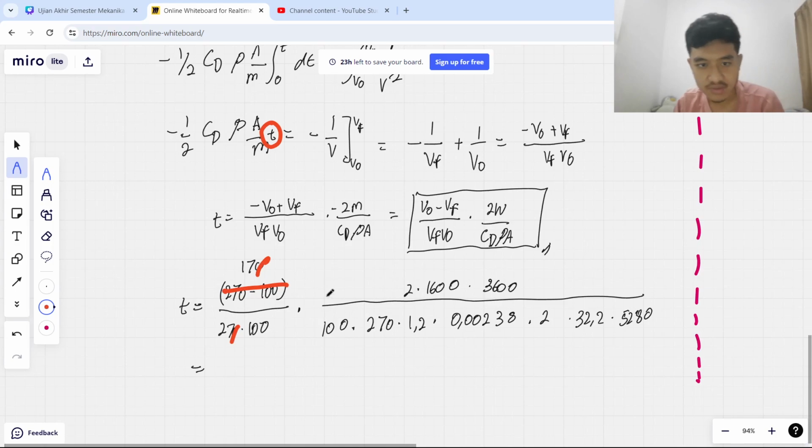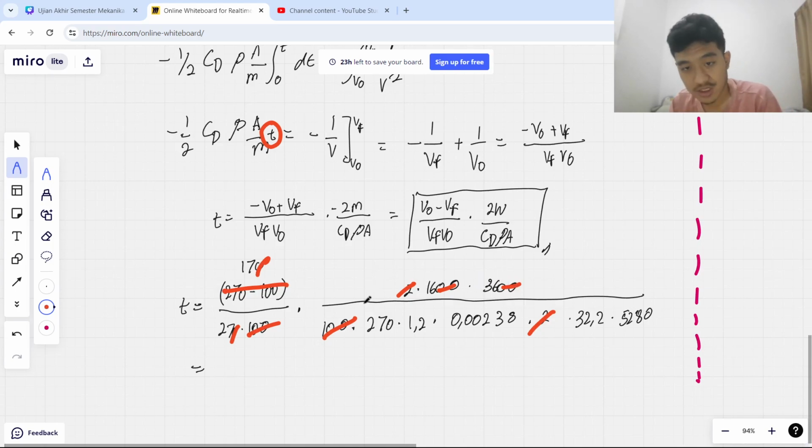So 17 times 27. And then we can eliminate this one with this one, eliminate that one, and then we can get rid of this one with this one. So this is 16, and then eliminate this one with this one. So this is 36. This is 16.